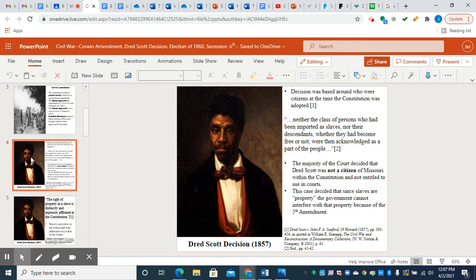But what was going on with Dred Scott was between state governments. So now you have the US government applying standards of the Constitution to state governments rather than having it applied just against itself. And so this is now an encroachment on the authority of free states.